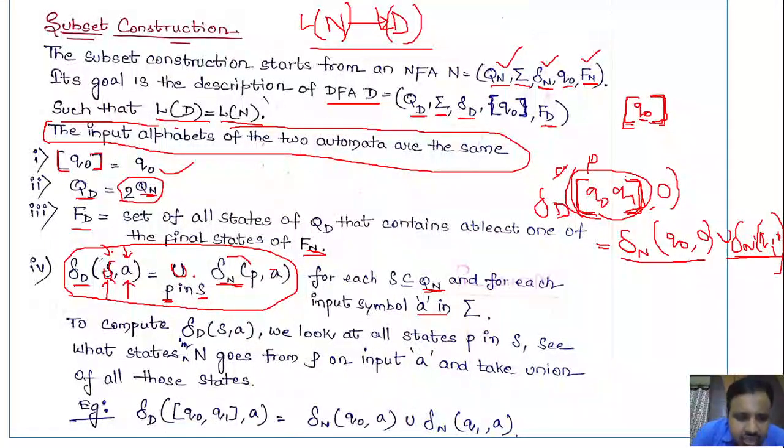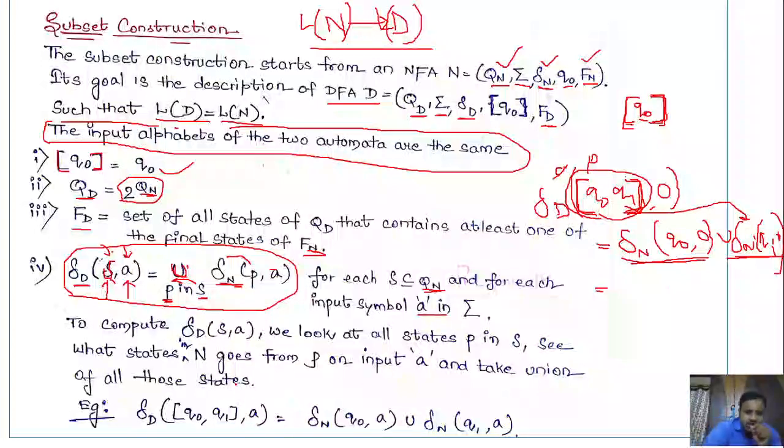So how do we write it? The union over P in S of delta N of P comma A. We take each state from S, perform the transition by looking at the NFA, that is delta N of P comma A, and union it with the other states. Here, delta N of Q0 comma 0 union delta N of Q1 comma 0 gives you the resultant state.